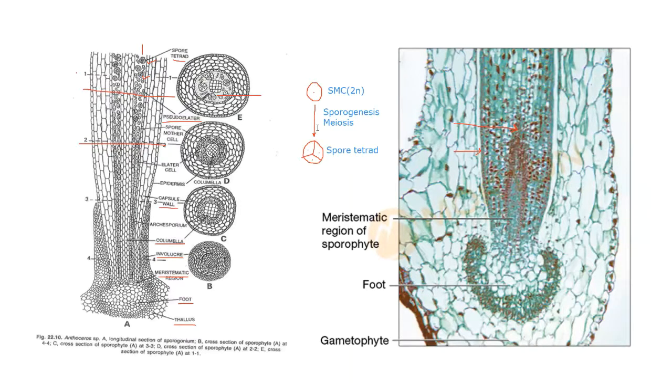Remember, the spores are the first cells of the gametophytic generation. Earlier I said the zygote is the first cell of the sporophytic generation because it was diploid. Now I'm saying the spore is the first cell of the gametophytic generation. It is haploid. The spore absorbs water. That's why I said favorable conditions are required.